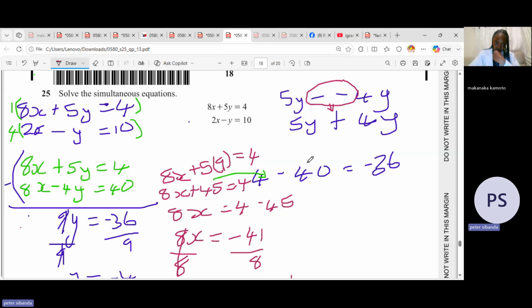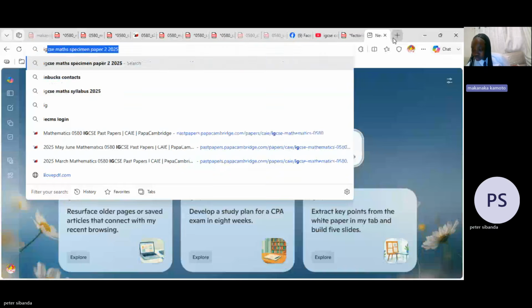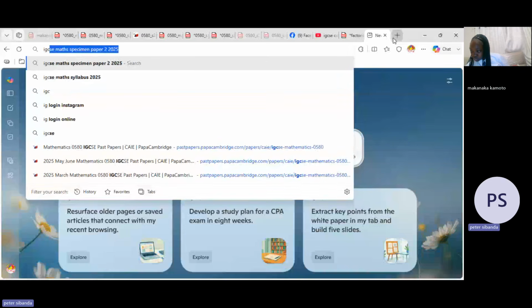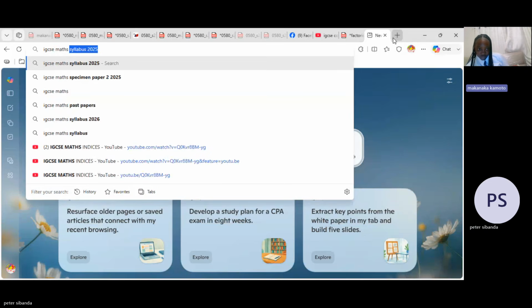On simultaneous equations, if I can just check the IGCSE maths syllabus there.